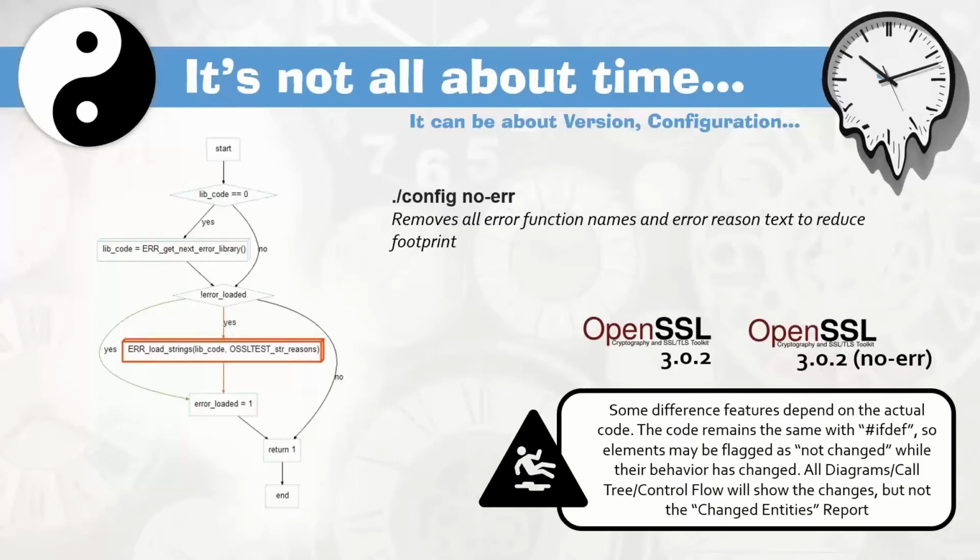So it basically does not load all the function name and reason text, to reduce the footprint. And guess what? Look at this function. Simple. You can see that we are not loading this. It just went away when you do a different build. So same release, but we can compare different builds.